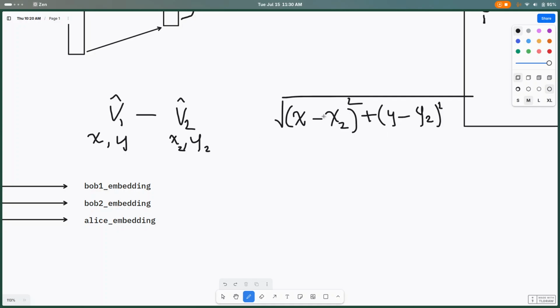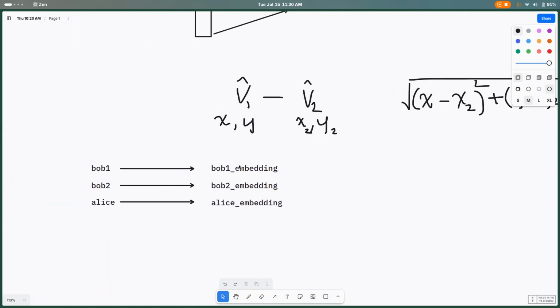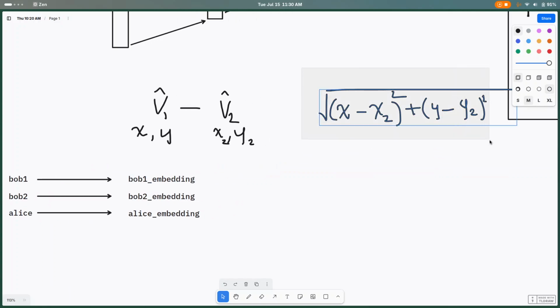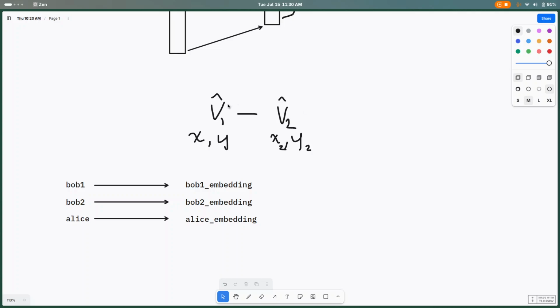But yeah, this is the Euclidean distance. I cannot spell that, so I will not try to spell it. Got this part? All of these are just points in space, and using basic geometry, you can calculate the distance.